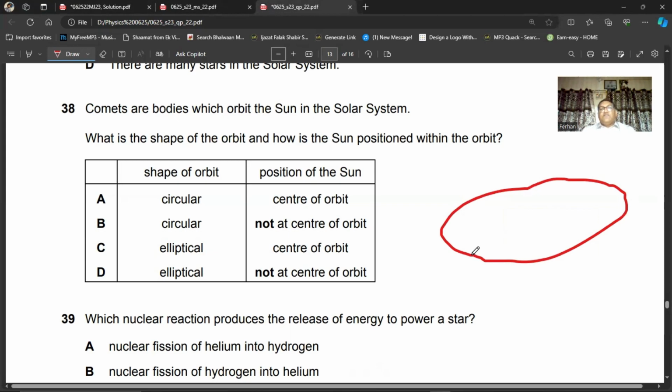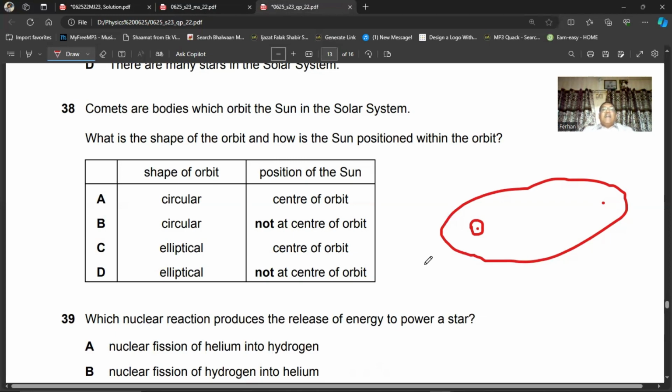So the shape of the orbit of the comets is elliptical, and the sun is here. This point is called the focus of the elliptical. There are 2 focus of the elliptical. One focus is here and one focus is here. These 2 points are the foci of the elliptical.